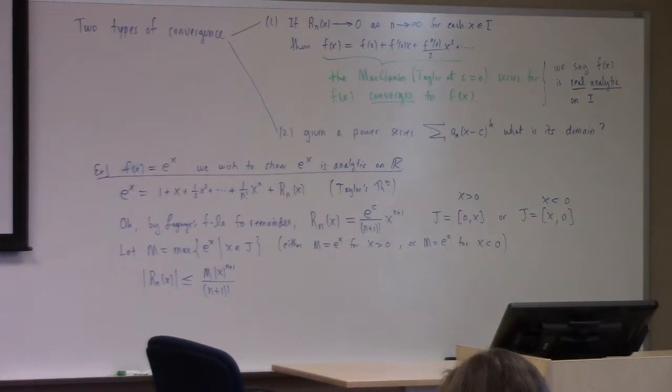The point is that that exists. If you fix x, then there's certainly a largest and a smallest value the exponential takes going from 0 to x. Whether x is positive or negative, it matters not. Think of the x as being fixed here.